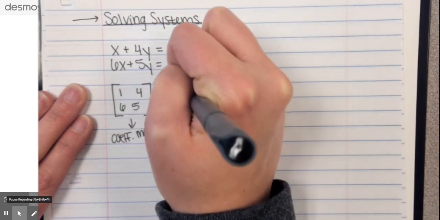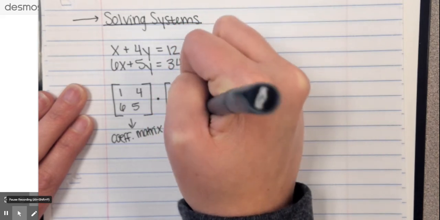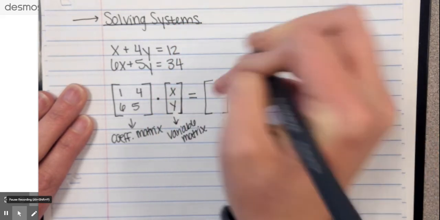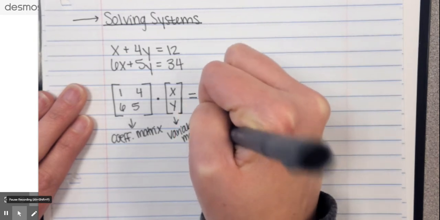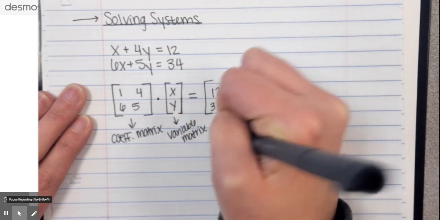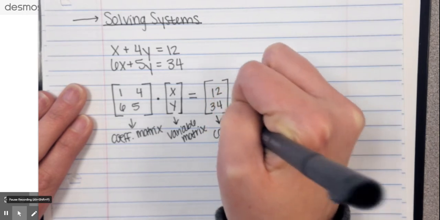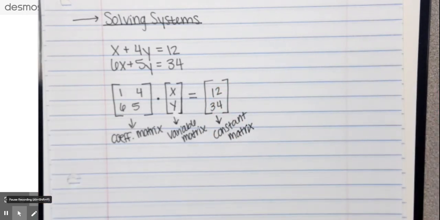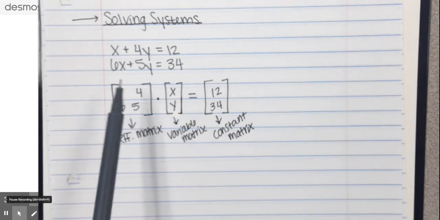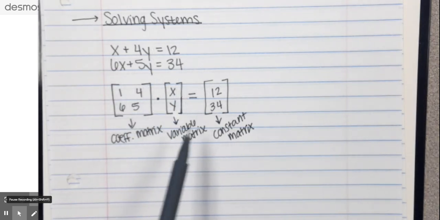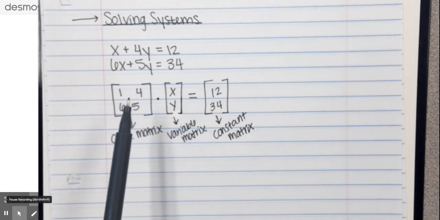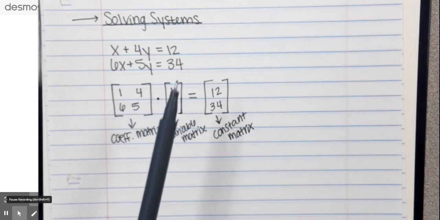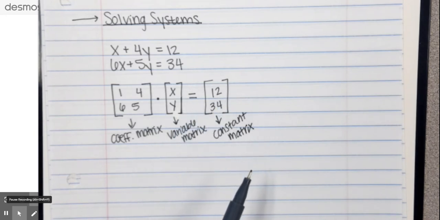And so those are multiplied, and then that equals the constant matrix, which is 12 and 34. Okay, you have to know how to set that up. You have a problem like that, maybe two, I can't remember, in Math Excel, but you have to know how to set this equation up using your matrices. So coefficient matrix, variable matrix, constant matrix.